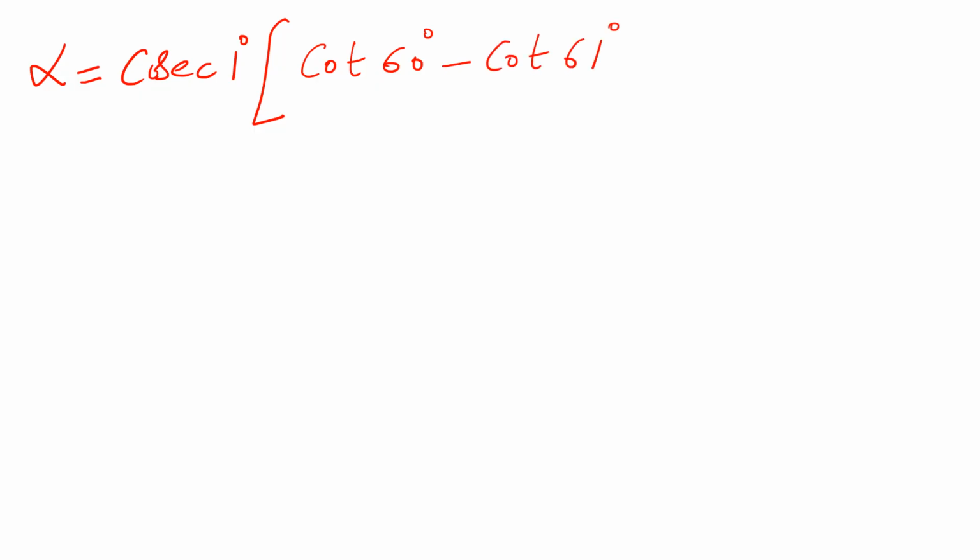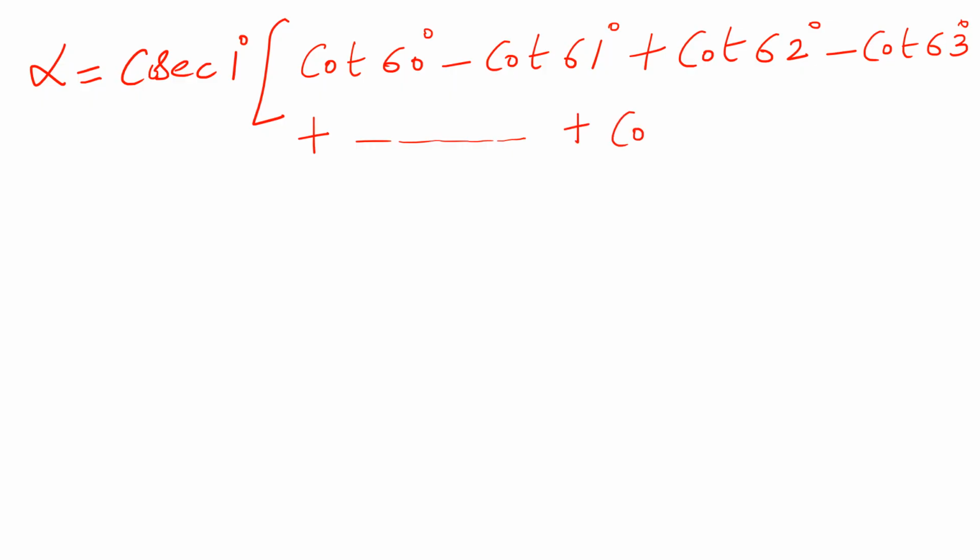Similarly, for the second term, we get cot 62 degree minus cot 63 degree. It will keep on going like this till plus cot 118 degree minus cot 119 degree.